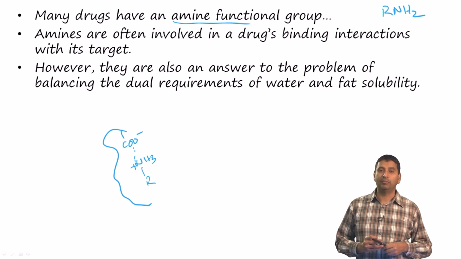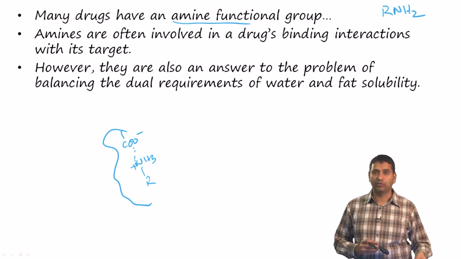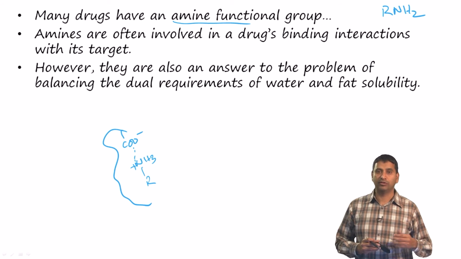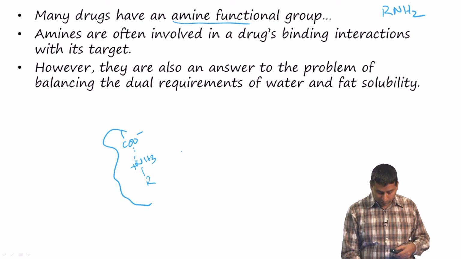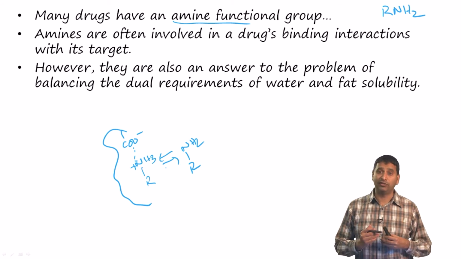Right. So, amines are very important in many drugs because of exactly what I have drawn, which is that they can balance the two requirements. So, they can be neutral in the form of RNH2, but they can also be protonated to form RNH3+.